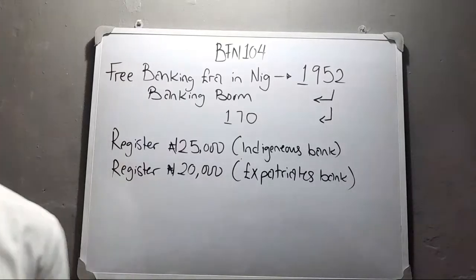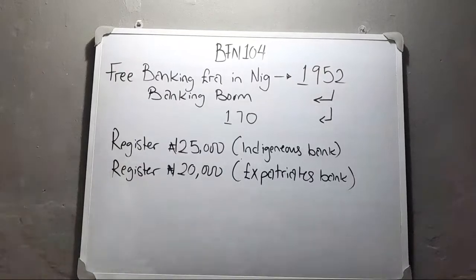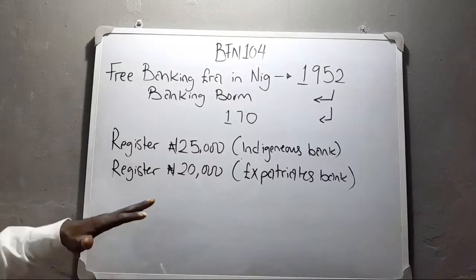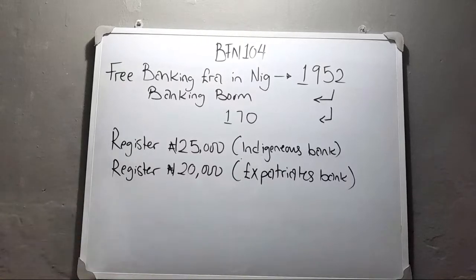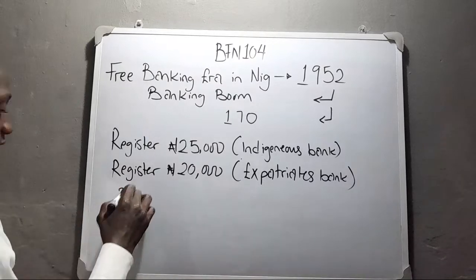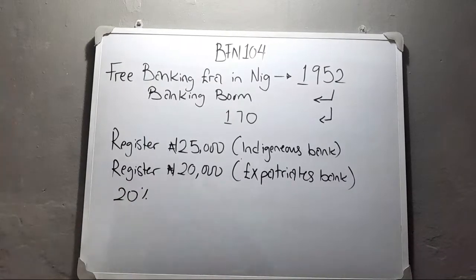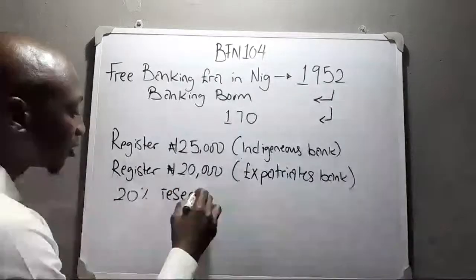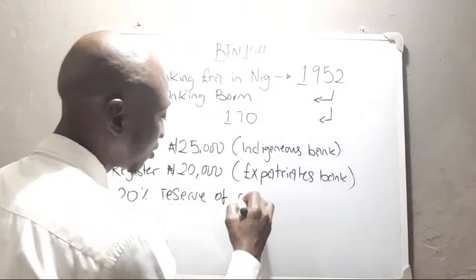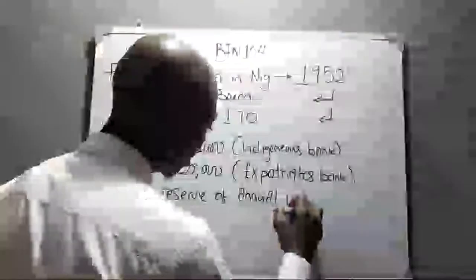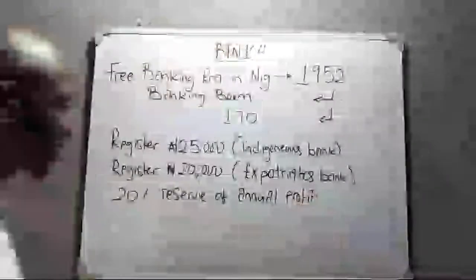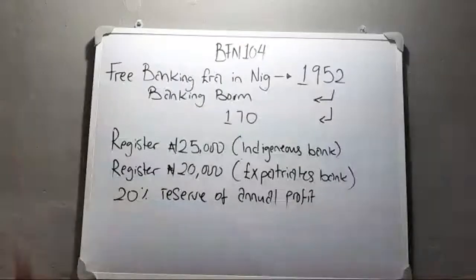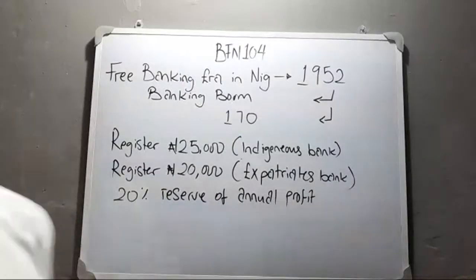There also has to be a financial reserve coming from annual profit, which is 20% of annual profit. This is what it took then, and it is no longer as it was before.